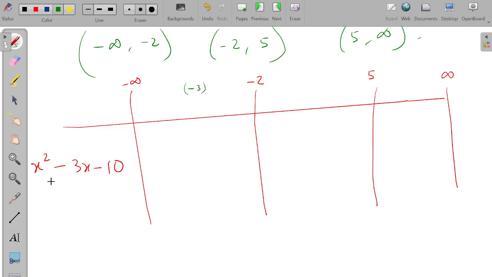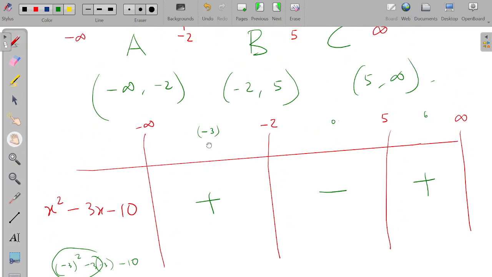Negative 3 squared minus 3 times negative 3 minus 10: 9 plus 9 is 18, minus 10, so this is positive. Pick a number between negative 2 and 5. I can pick 0. If I put 0 here, this will be negative. Pick a number between 5 and infinity. I can pick maybe 6, and then this will be positive.